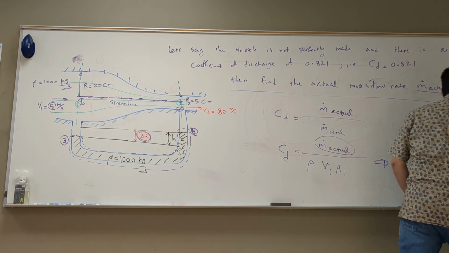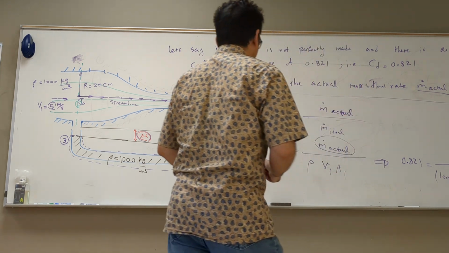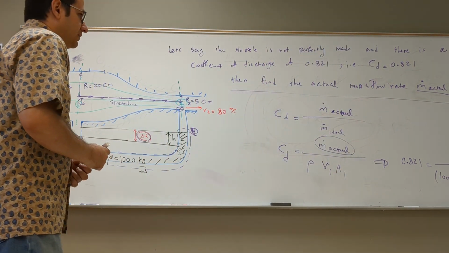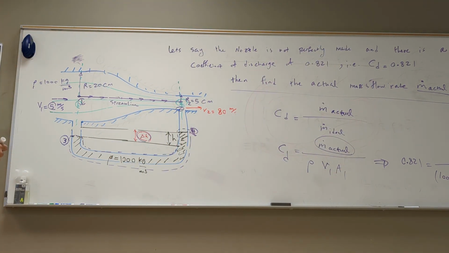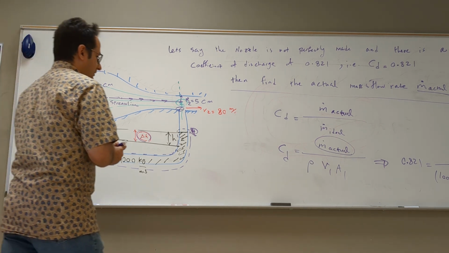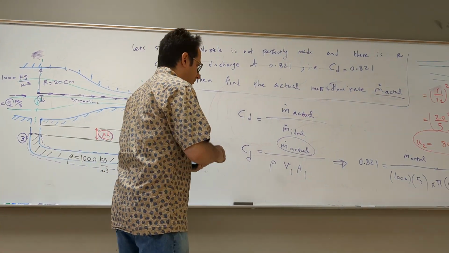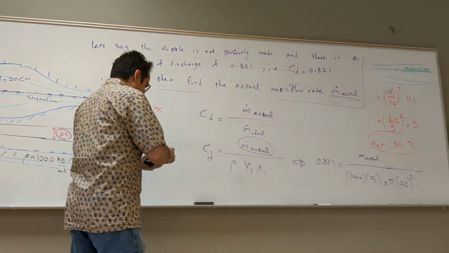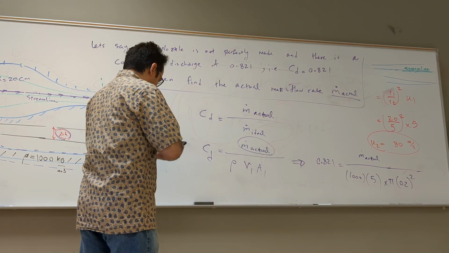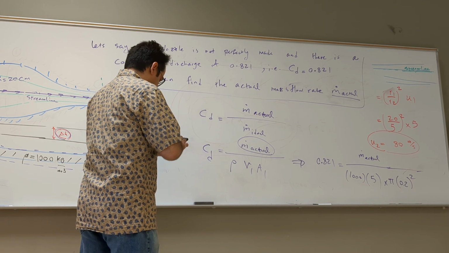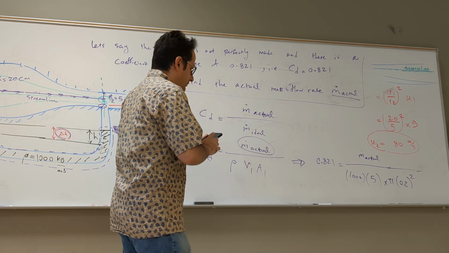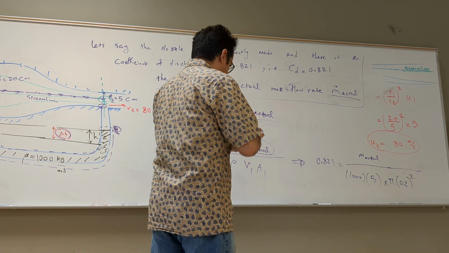0.2. So m dot actual over rho V pi r squared is equal to that. So what's your m dot actual? Solving that for m dot actual, you get 0.81 times the value.